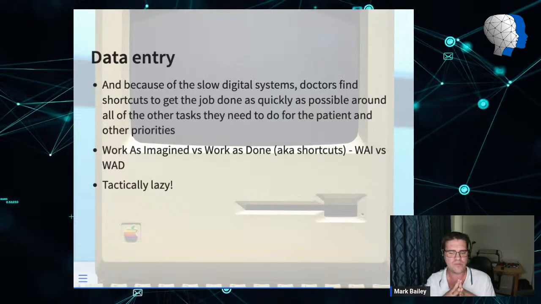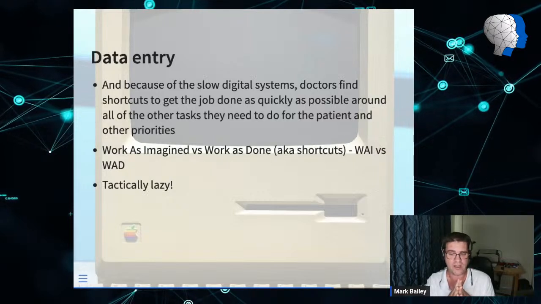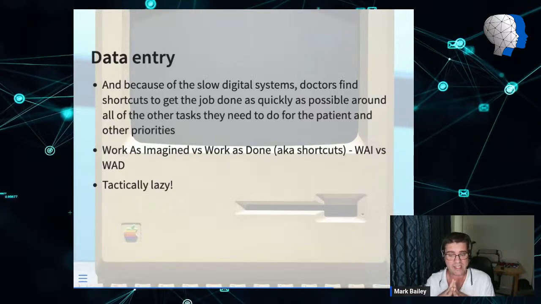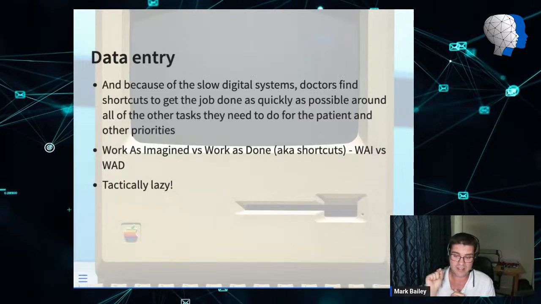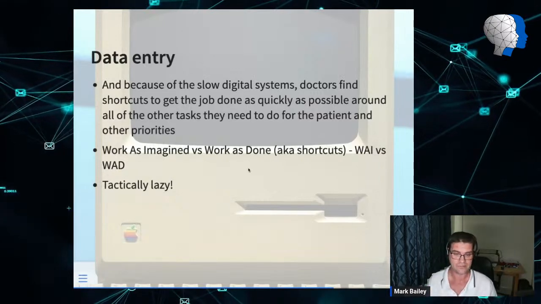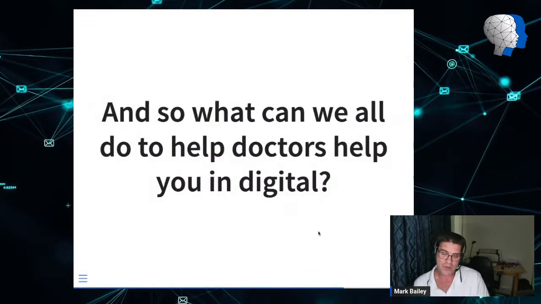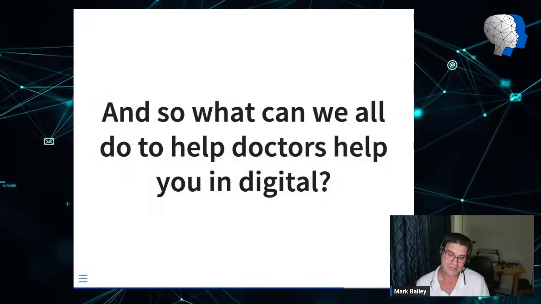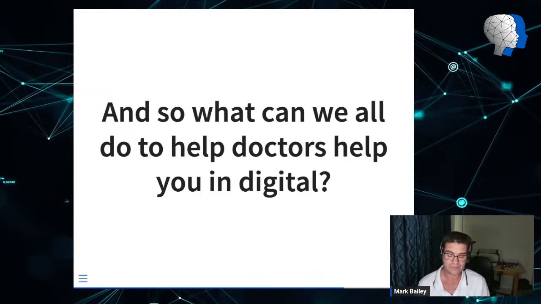And if that means in one of those pop-up fields that comes along when you're trying to order a chest x-ray, you just put TBC, to be confirmed, that's what we'll do if we can get through to that button that says X-ray, please. And so what can we do to help us poor little doctors actually help you guys get the data and the results that you need?